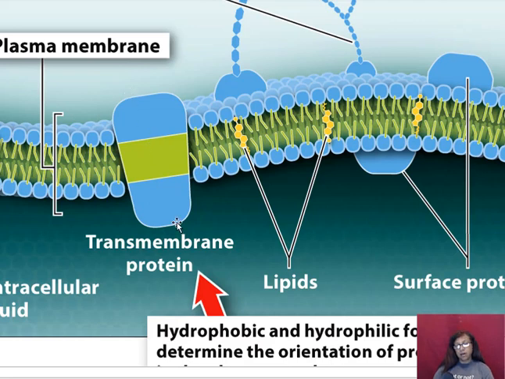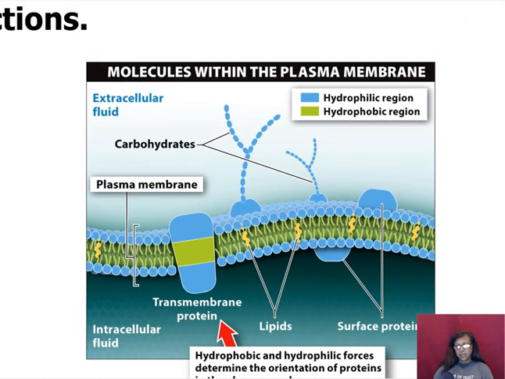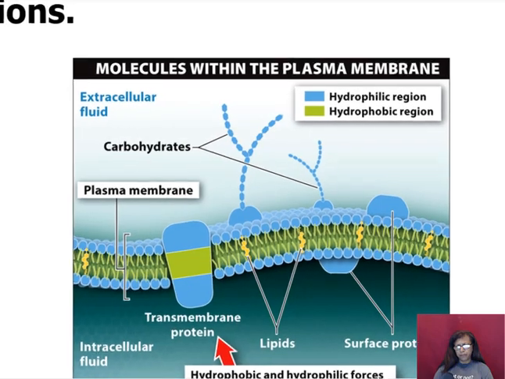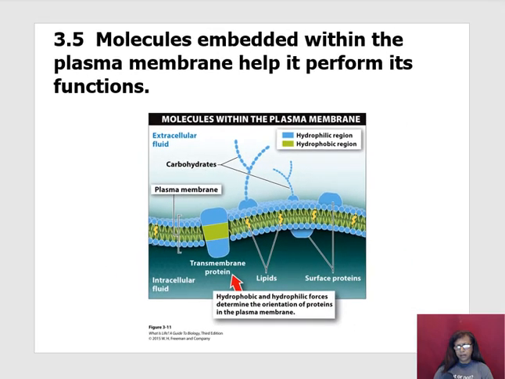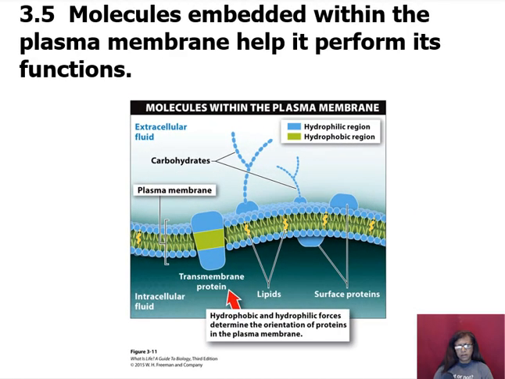These are very important. We'll talk about these transmembrane proteins. We have lipids inside of this phospholipid bilayer that makes up the plasma membrane. We have these different surface proteins that are present as well. And we're going to learn more about what each of these different components of these molecules actually do. So let's shrink down there.